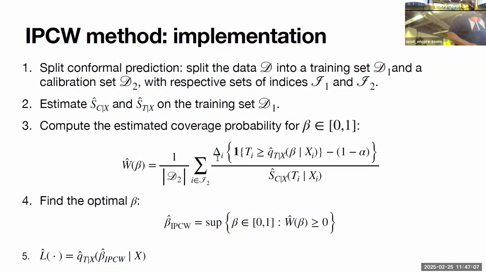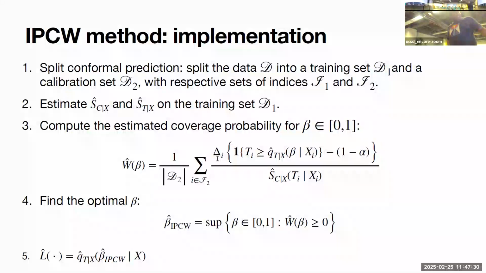We want to find the largest value of beta between 0 and 1 such that W hat of beta is ideally equal to 0, or as close to 0 as possible.